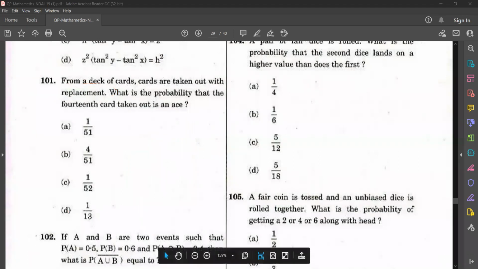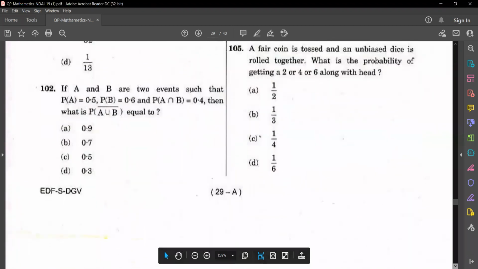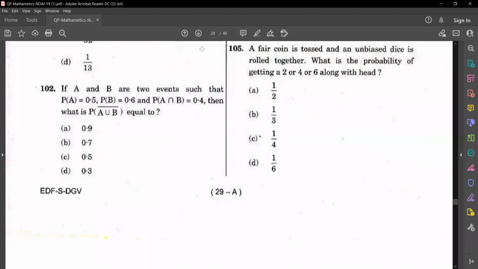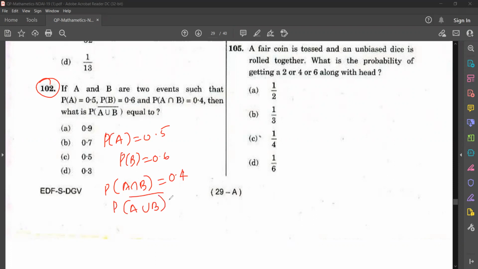Question number 102. If A and B are two events such that P of A is equal to 0.5, P of B is equal to 0.6, P of A intersection B is equal to 0.4, what is P of A union B, the whole complement?